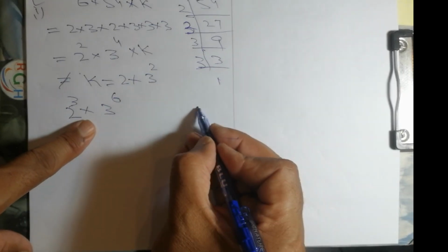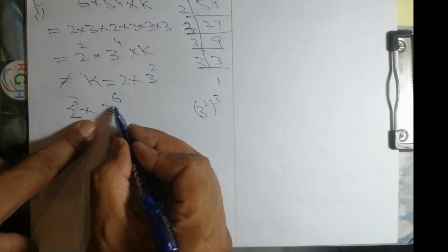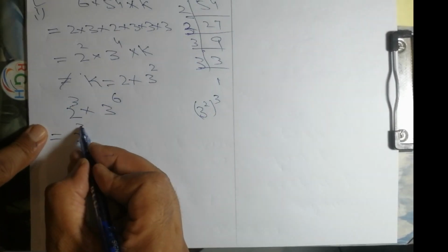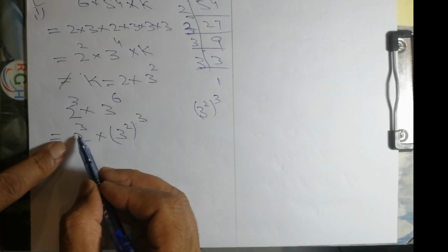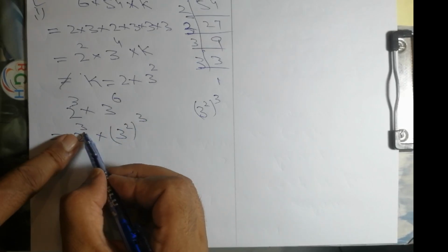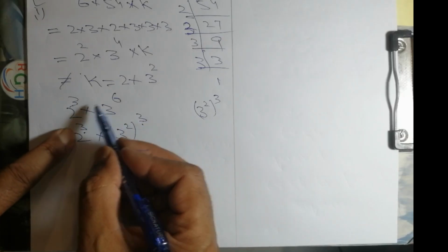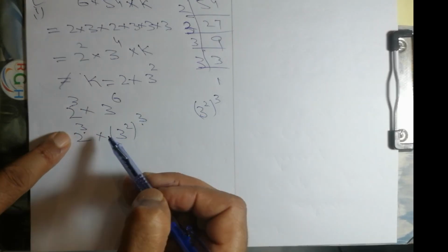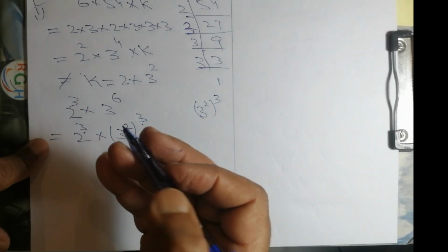Because we can write 3 squared, cubed. Now by adding the value of K, this became a perfect cube. So this is the answer for this one.